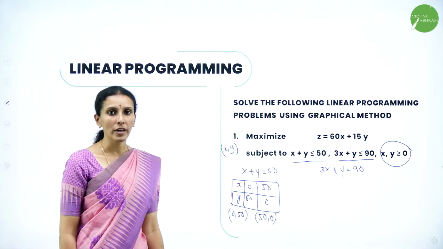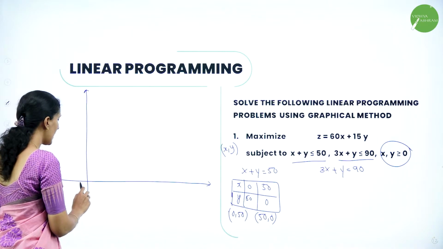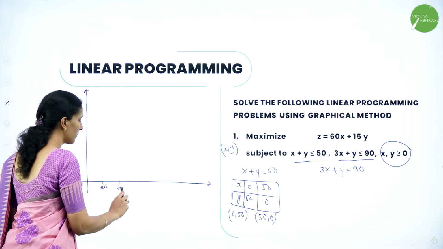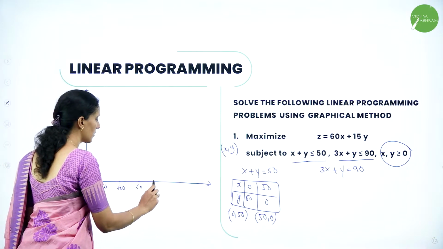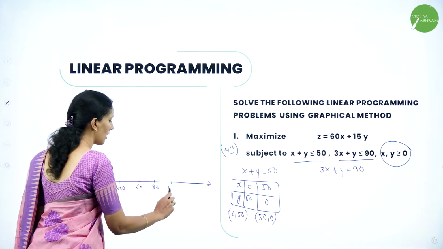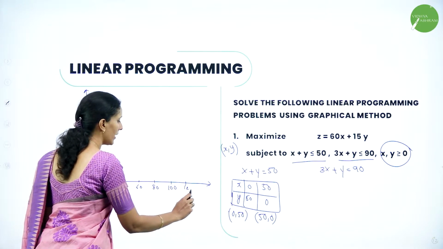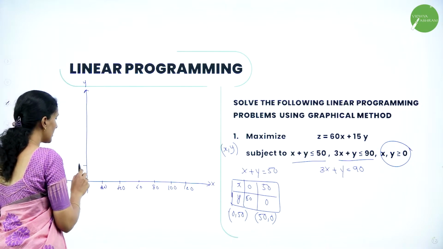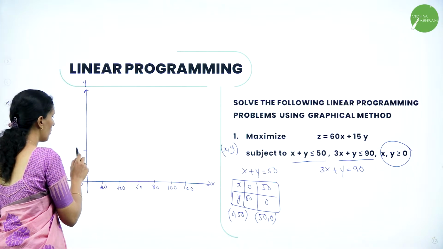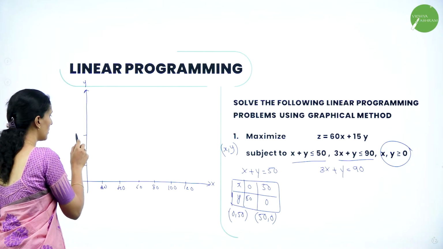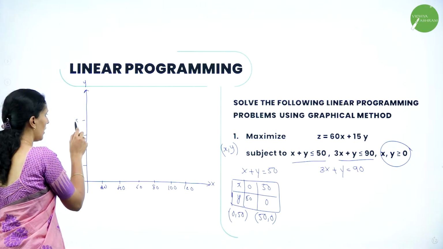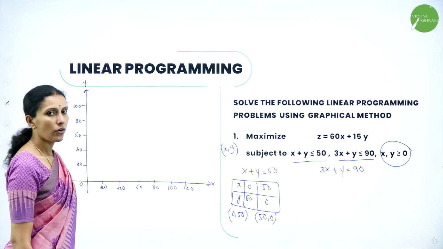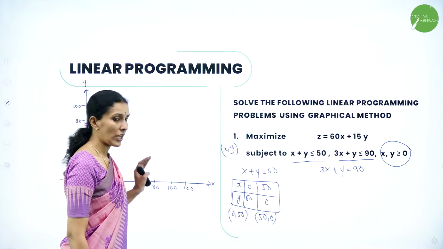Let us try to plot this on a graph. Let me take this as 0, 20, 40, 60, 80, 100, 120, etc., which is the x-axis, and this is the y-axis. I'll take this again as 20, 40, 60, 80, 100, etc. So now this is my graph which I have plotted.